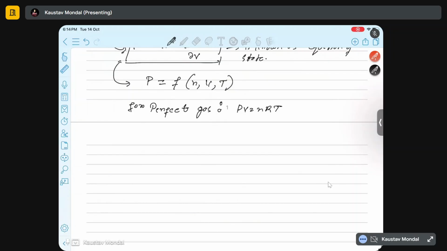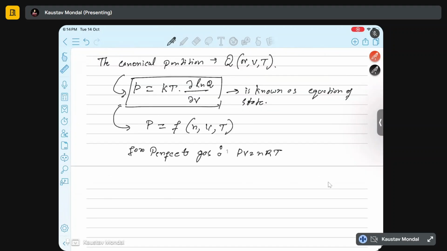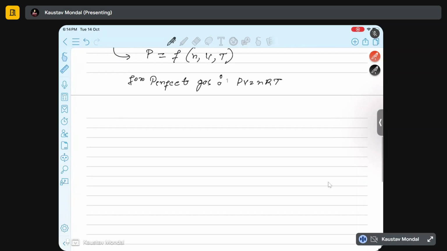Let's prove this. If you know the partition function for an ideal gas type system, let's check how we get this beautiful relation PV equal to NkT. So for that, let's first write the equation once again here.